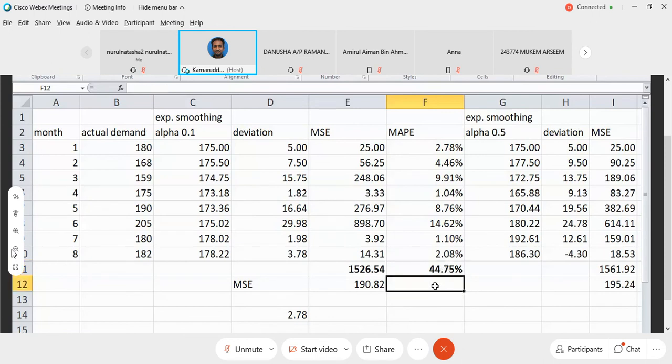So this value will be divided with the 8 quarters here, 44.75 divided by 8. So we have the mean absolute percentage error for our forecasting with the alpha value, 5.59%. So this is how we analyze the forecast error using the mean absolute percentage error.